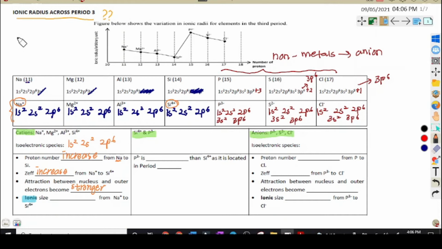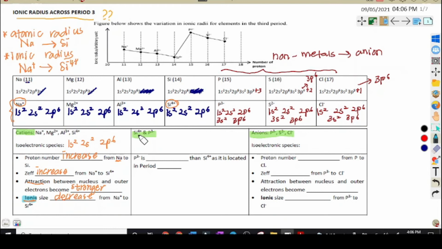Okay, so please differentiate between atomic radius, which is for Na to Si in the form of atom, and the ionic radius, where we're going to compare the ion form from Na+ to Si4+. So in your explanation, you should write ionic size. So when Zeff increases, attraction becomes stronger, so ionic size will decrease from Na+ to Si4+.